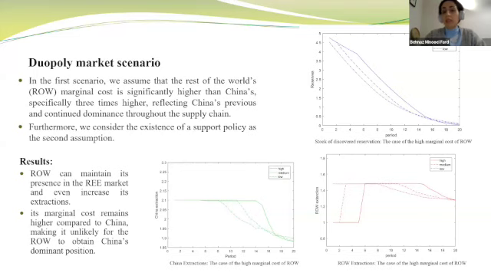As you can see, policymakers with lower levels of myopia display more aggressive utilization of discovered reserve, while those with higher levels of myopia exhibit more conservative approaches. Also, we can see that policymakers with higher levels of myopia have a stronger inclination to maintain the current extraction level of China over time.